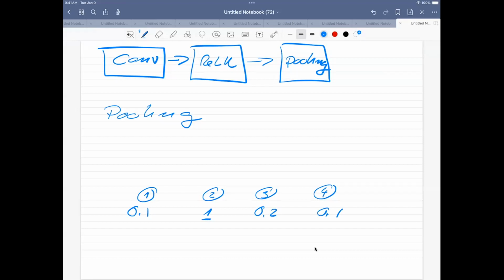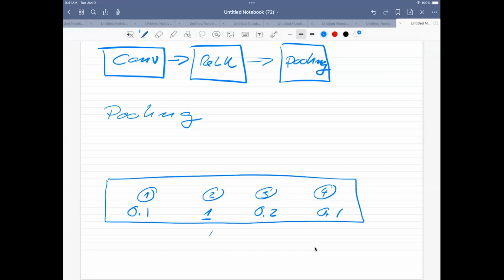Now, one thing which is typical for these convolutional neural networks is not a dense connectivity, it's often a sparse connectivity. This block here is what we have as output from the ReLU stage. The numbers are just numbers I've made up. Now, this feeds into the pooling stage, which we can label as this one.